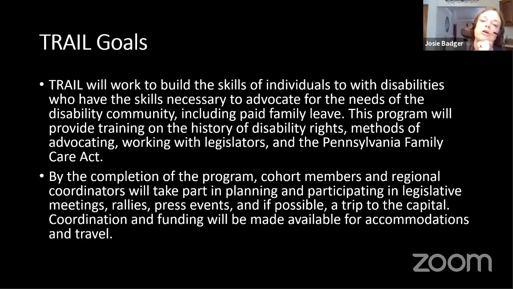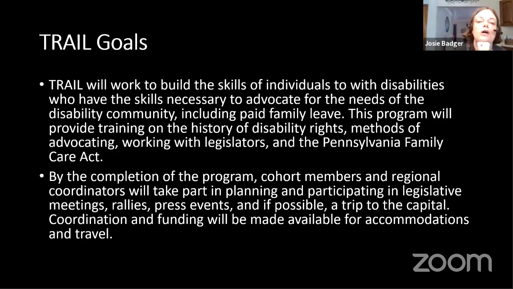Although the homework that you all will be doing, surprise, revolves around the Family Care Act, the skills that you will learn from this can be used for any of the things that you all mentioned, from making sure that people know about the issues that the system has created for intersectionality, to housing, to needing to support your SIL.